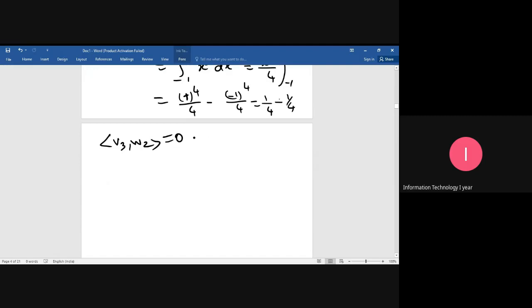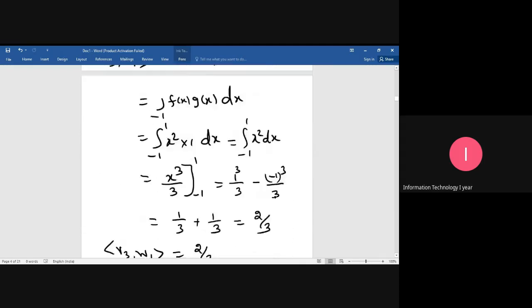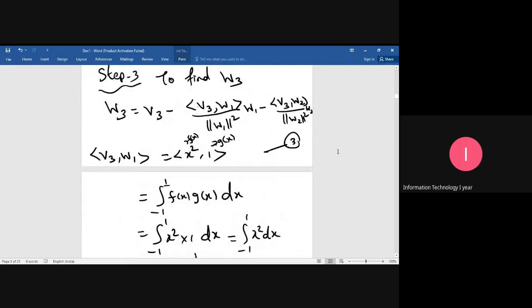Therefore there is no need to find norm W2 square. Even if we calculated norm W2 square, because we don't find W4 or anything beyond W3, that term becomes 0, since the inner product of V3 comma W2 is 0. Now we can write the answer for W3.